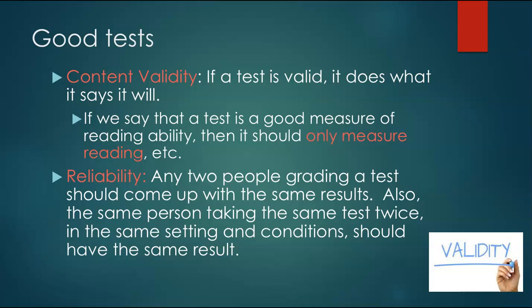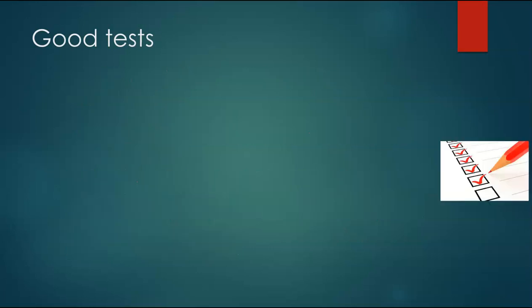So a test should be designed to minimize the effect of different grading styles, and also when there's a writing portion of a test, rubrics are important because any two graders should get the same score to minimize subjectivity. Same thing with a speaking assessment. There should always be some kind of rubric that helps to minimize subjectivity. That leads to greater reliability.